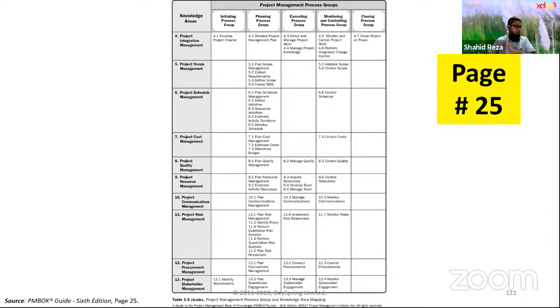In my class, I will cover 10 to 12 process flows and how they are related. There are some important process flows that you need to understand for clearing your PMP exam and also to understand the PMBOK concept. That will not cover all 49 processes, but some important parts of them.